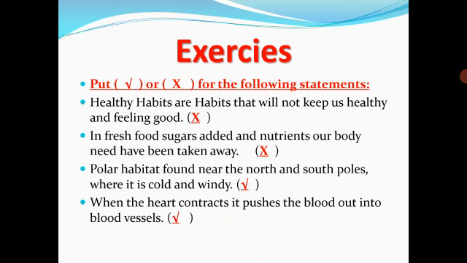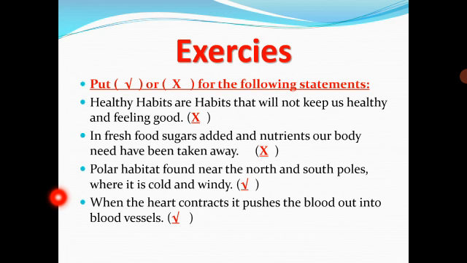Now, let's solve some exercises on this part of revision. Let's start with putting right or wrong for the following statements. Healthy habits are habits that will not keep us healthy and feeling good. Excellent, wrong. Why? Because unhealthy habits are habits that will not keep us healthy and feeling good.